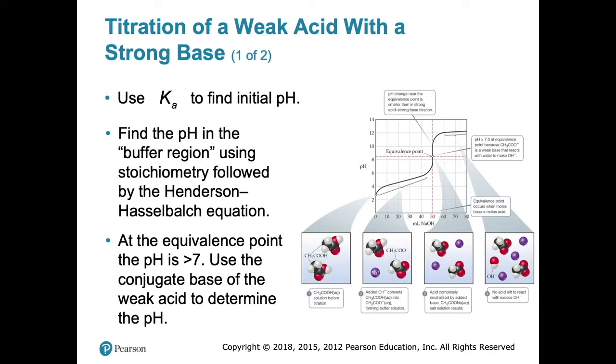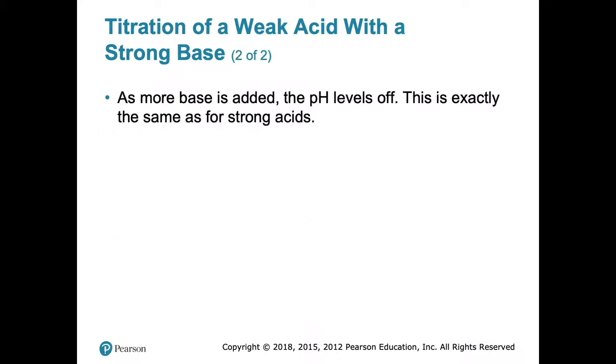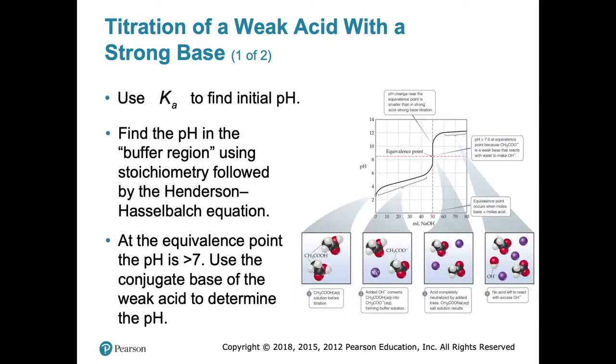okay? So you can see how the equivalence point here is actually at like, what is that, 8.5 or something, right above 9, right? Right above 9. So as more base is added, the pH levels off, and this is exactly what happens for strong acids, right? The only difference between this and the strong acid is that this shape right here is different.